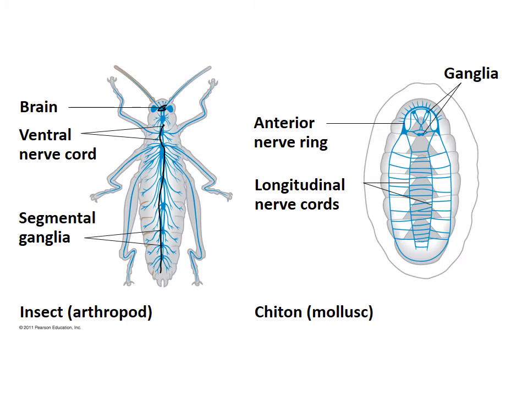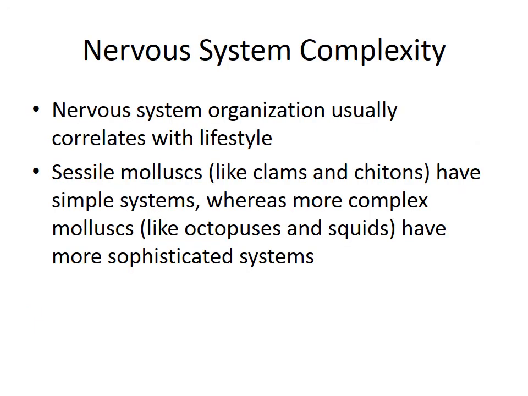And then we have, if you look at this next animal, which is a mollusk, it has an anterior nerve ring, which is kind of sort of like a brain, and then it has a whole bunch of longitudinal nerve cords, so we're going backwards in this one in complexity. Nervous system organization usually correlates with lifestyle. Sessile mollusks, like clams and chitons, which we just looked at, have very simple systems.